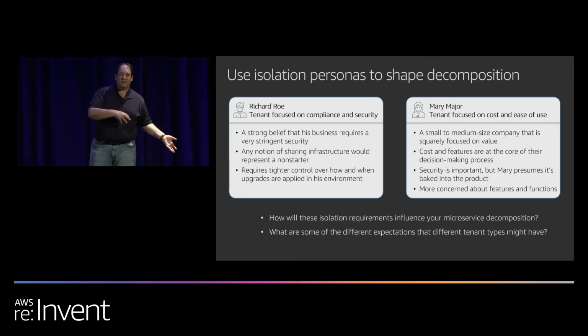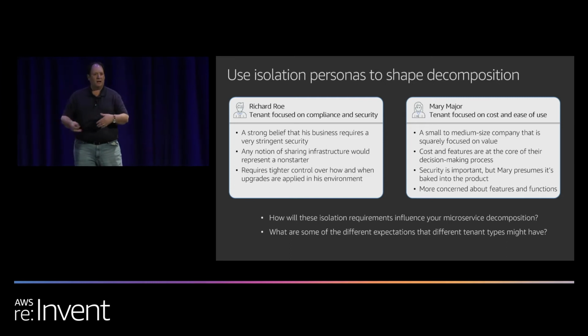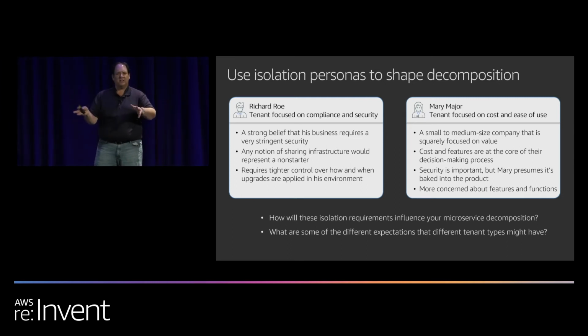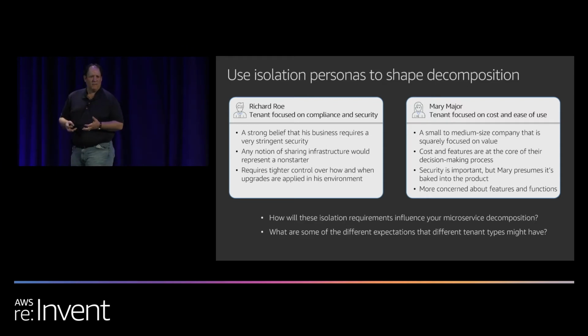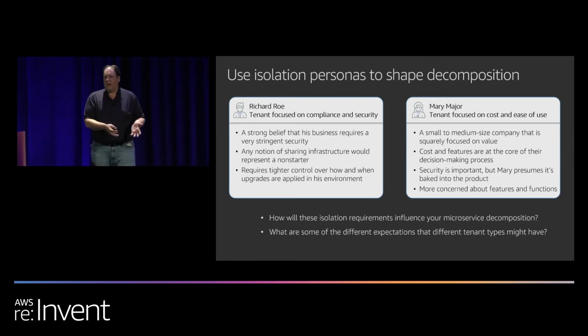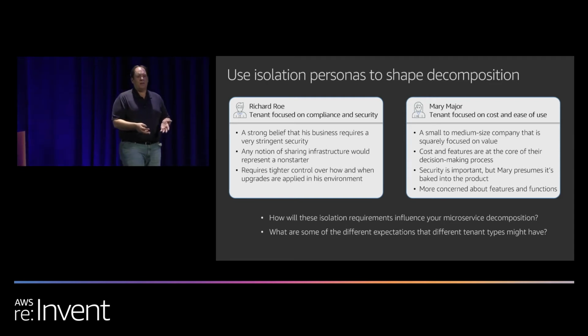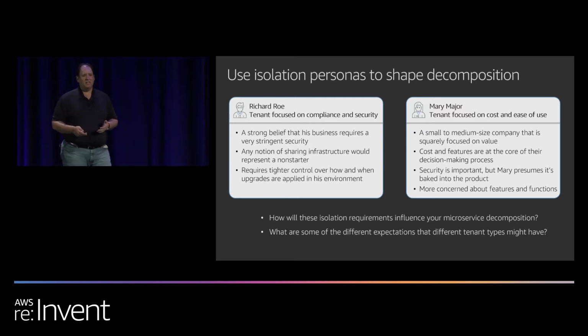On the other end of the spectrum is somebody who says, I want compliance just like everybody else, but I trust that whatever you're doing under the hood will assure me that I have compliance. But I'm more interested in how fast you can get me features and functions. How much does the product cost? How quickly can I onboard it? I'm more about the value I'm going to get out of it, not just about the isolation. And somehow, if I want to sell to both of these, I have to think about how that would affect the isolation model of my system.